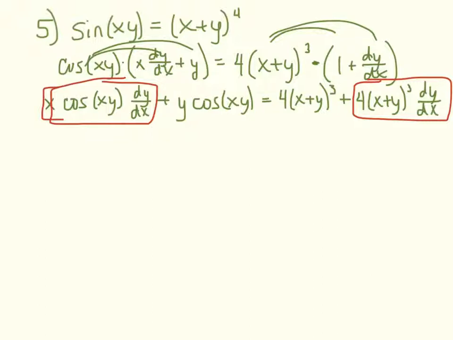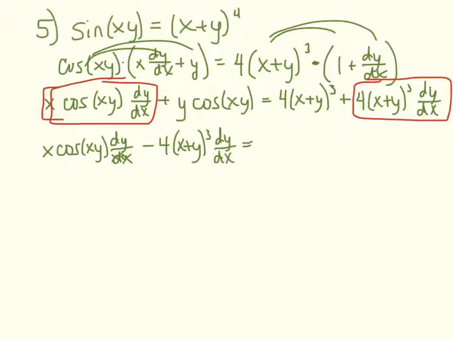All right, so we're going to keep this x cos xy dy/dx. And we're going to move over, so negative 4(x plus y) cubed dy/dx equals. Now the other side, we're shifting anything else that's left that wasn't boxed in to the right-hand side.